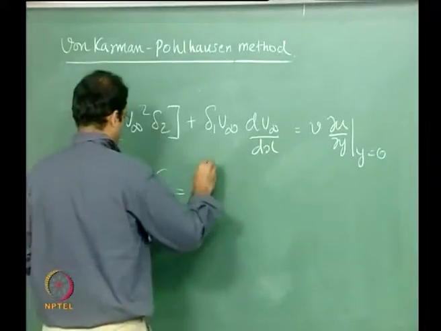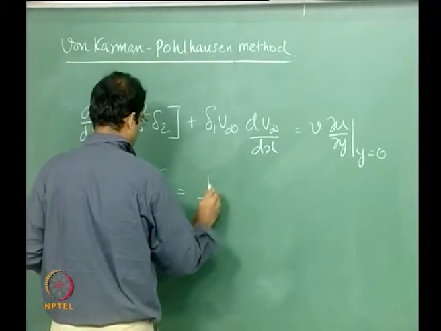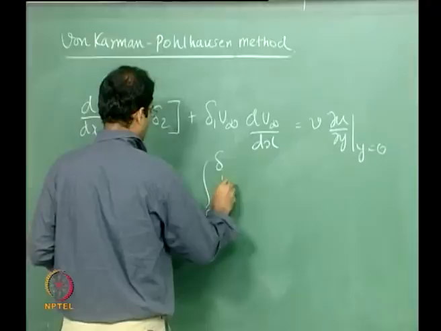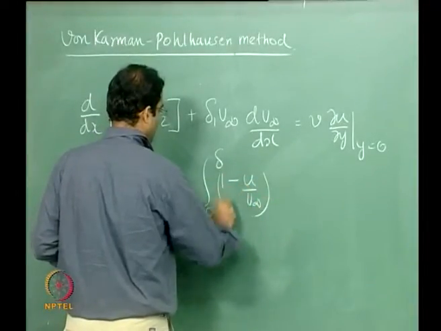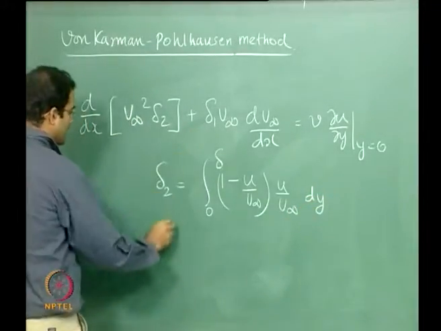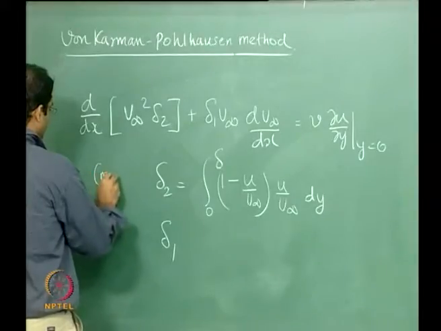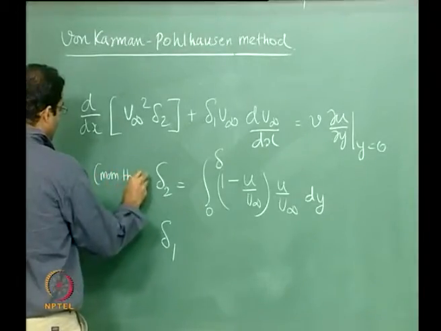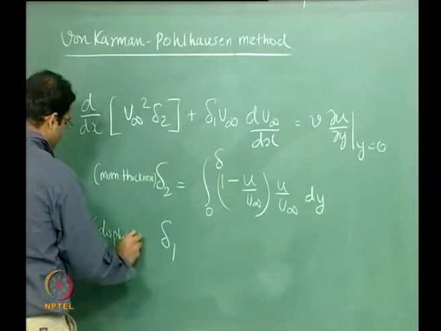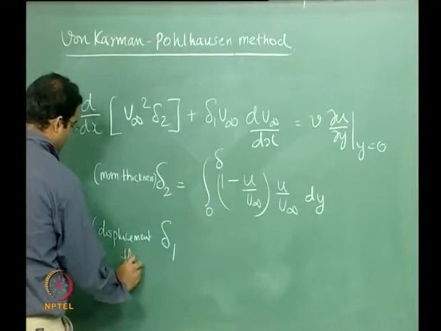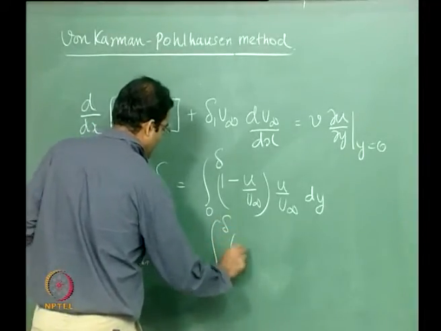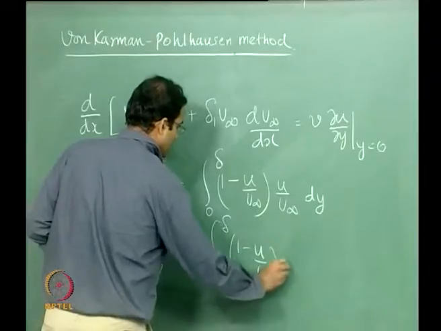You can write this as 1 over u infinity, or I will take the u infinity inside, integral 0 to delta of 1 minus u by u infinity into u by u infinity dy. And delta 1 is your displacement thickness, integral 0 to delta of 1 minus u by u infinity dy.